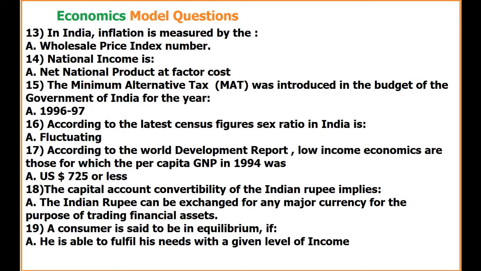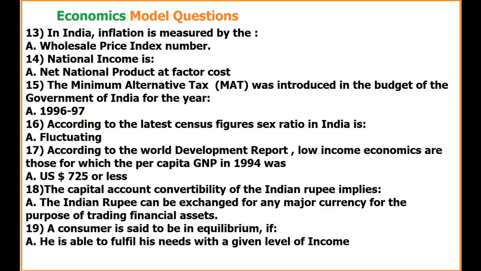According to the World Development Report, low income economies are those for which the per capita GNP in 1994 was, answer is US dollar 725 or less. Capital account convertibility of the Indian rupee implies the Indian rupee can be exchanged for any major currency for the purpose of trading financial assets.